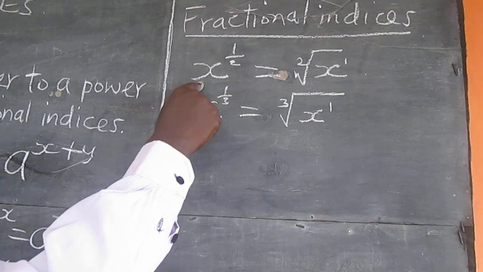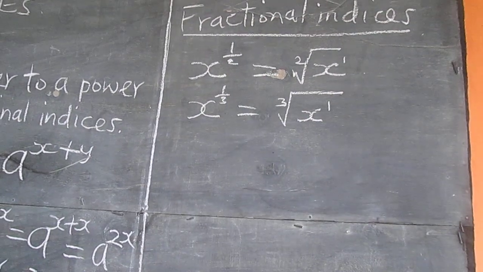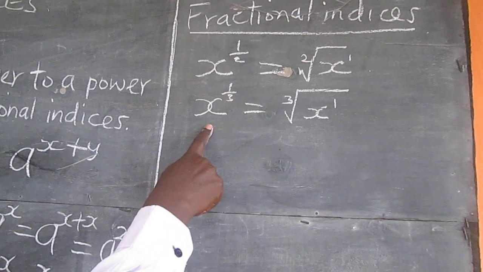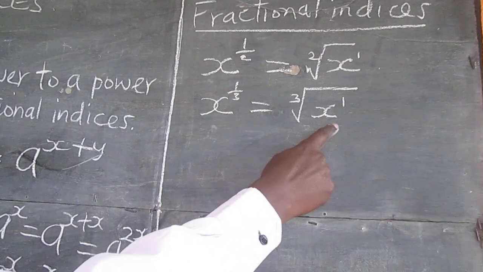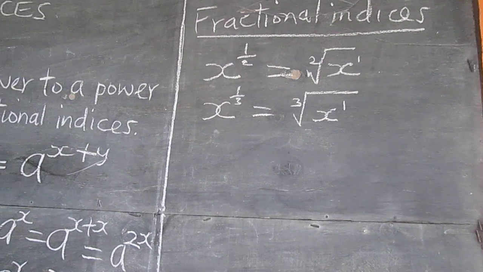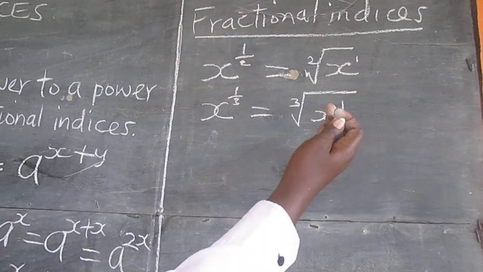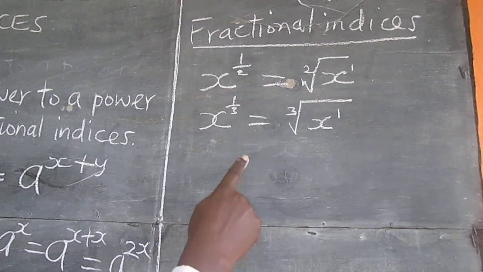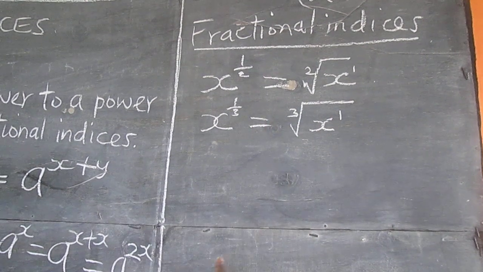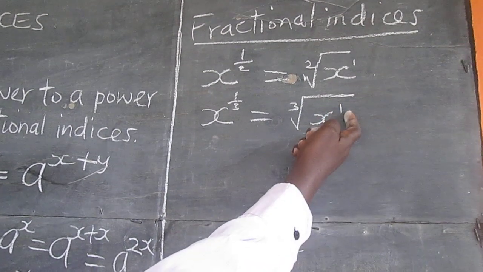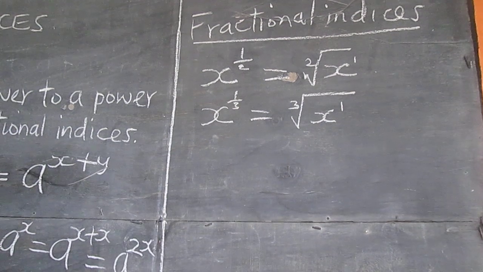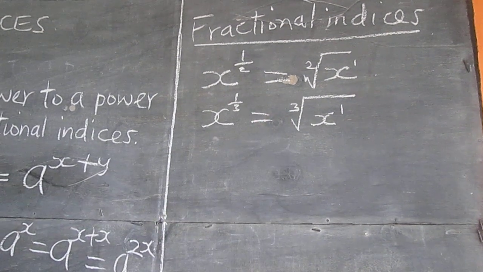From the square root of x, and now what we have given here, the cube root of x, there seems to be a way in which we can understand where the 1 is in the fractional index and where the 3 is.